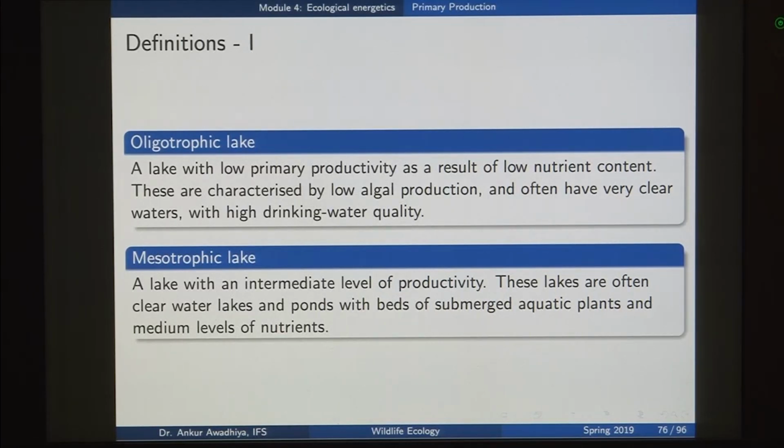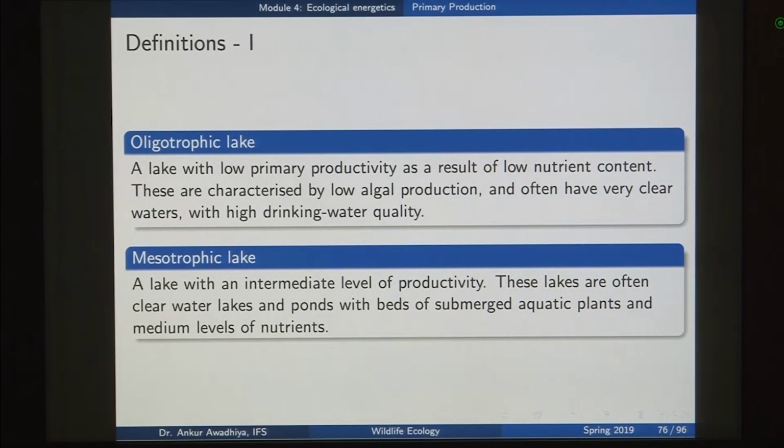Now, a low nutrient content can happen if you have, for instance, a glacial lake. In the case of a glacial lake, you have a glacier that is melting. Now, how do glaciers form? The glaciers form because of snow deposition. Now, snow is practically pure water. So, when you have snowfall in an area, a glacier does not have a very high amount of mineral salt content inside it, because it is practically pure water.